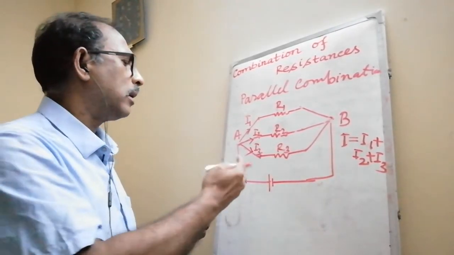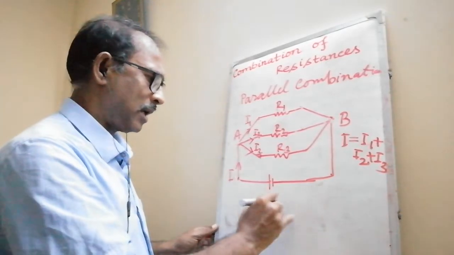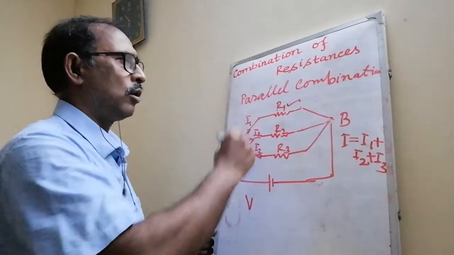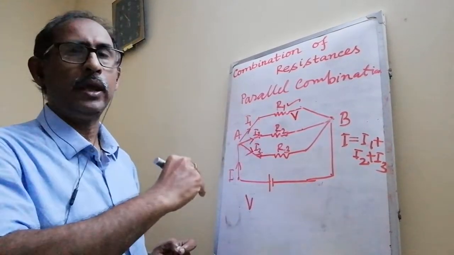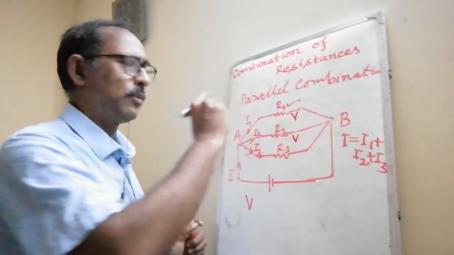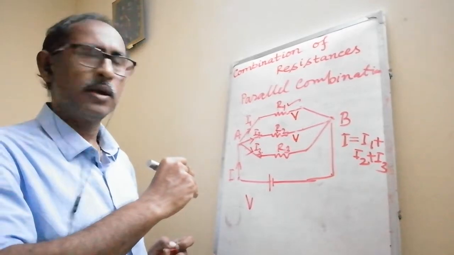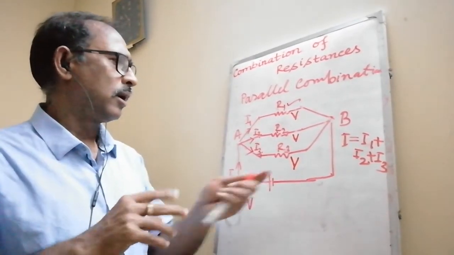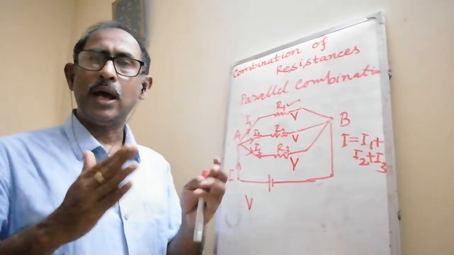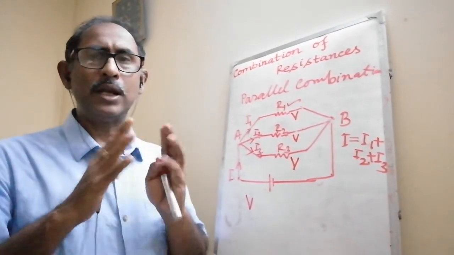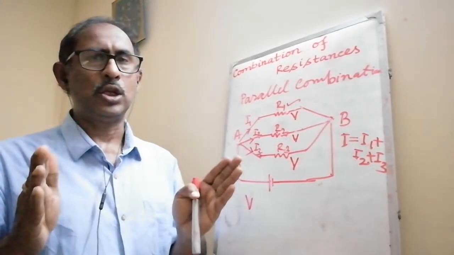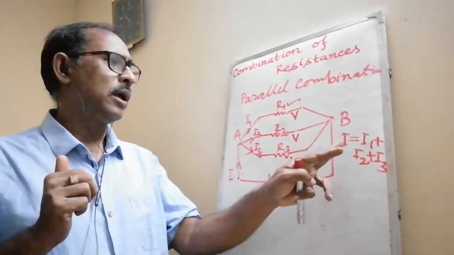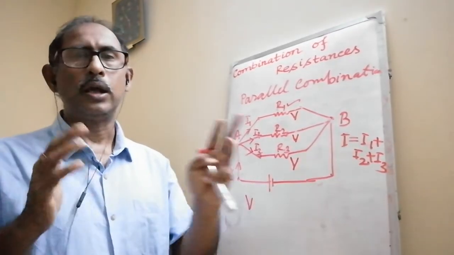That means if the circuit has potential difference V, then R1 also maintains the potential V, and R2 also maintains the potential difference V, and R3 also maintains the potential difference V. That means in the parallel circuit, potential difference of the circuit is not divided, but the circuit current is divided.